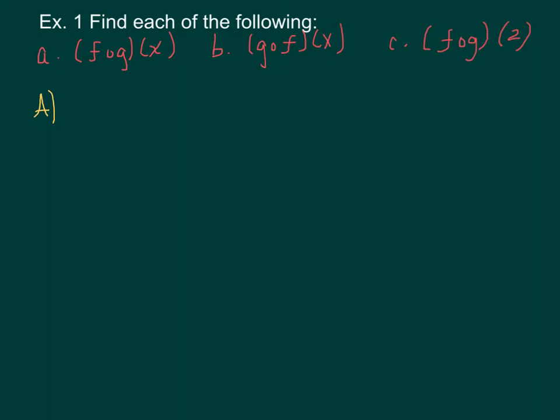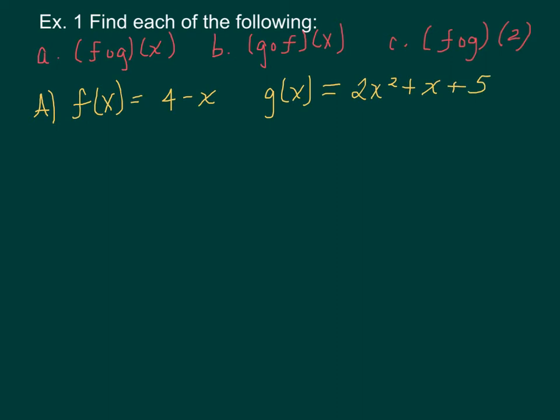For example, let's say that f of x was 4 minus x, and g of x is 2x squared plus x plus 5.